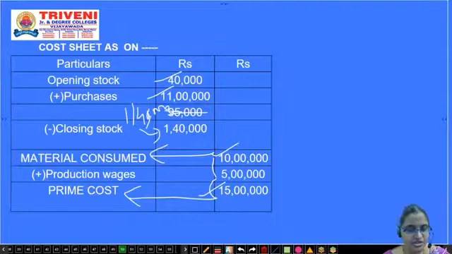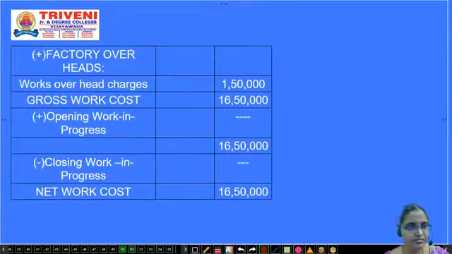Next, continuation of the sum. Add factory overheads. In that heading, you take the works overhead charges, already given in the problem, 1,50,000. So prime cost 15 lakhs plus works overhead 1,50,000, you get 16 lakhs 50,000.